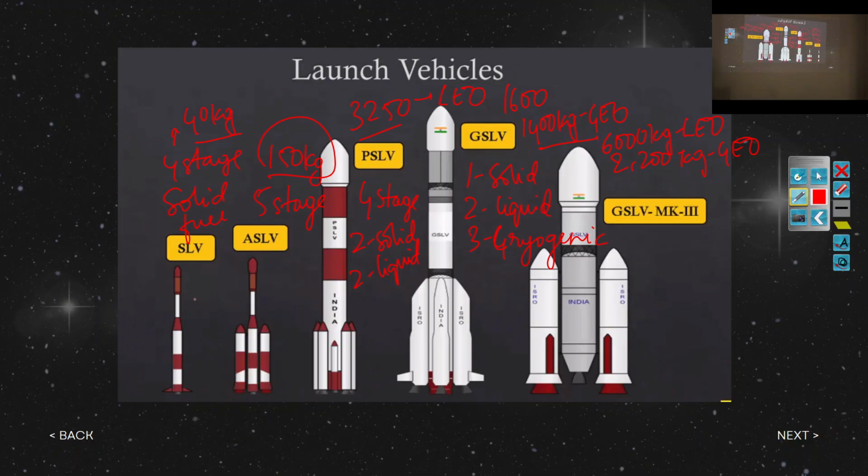Then we have GSLV Mark III, or LVM Mark III, Launch Vehicle Mark III, as they call it. This is also 3 stages: solid, liquid and cryogenic fuel.